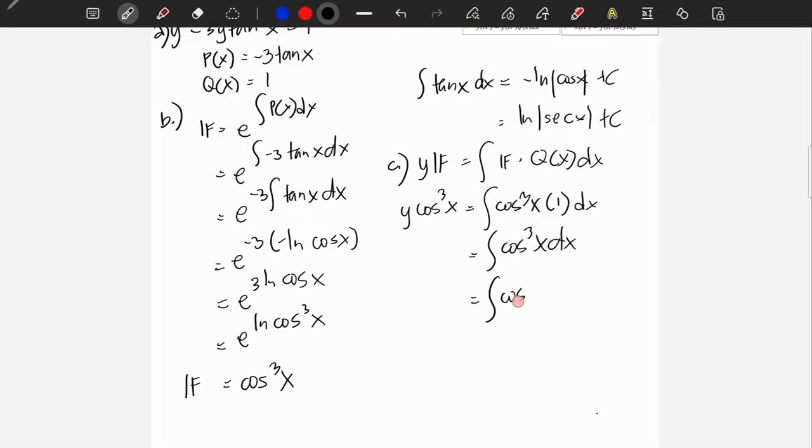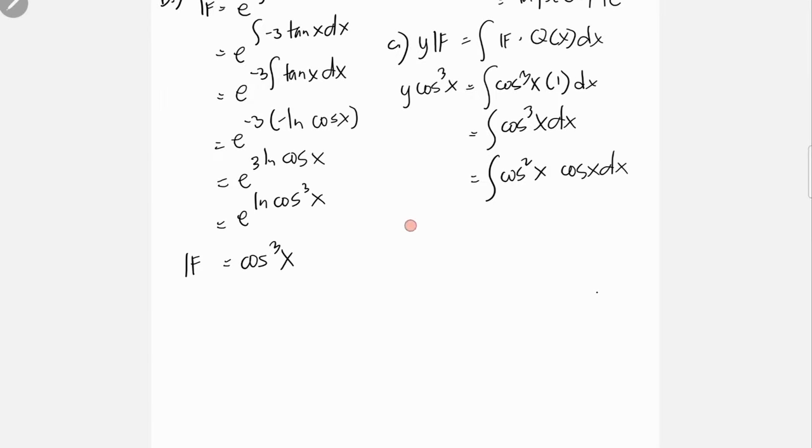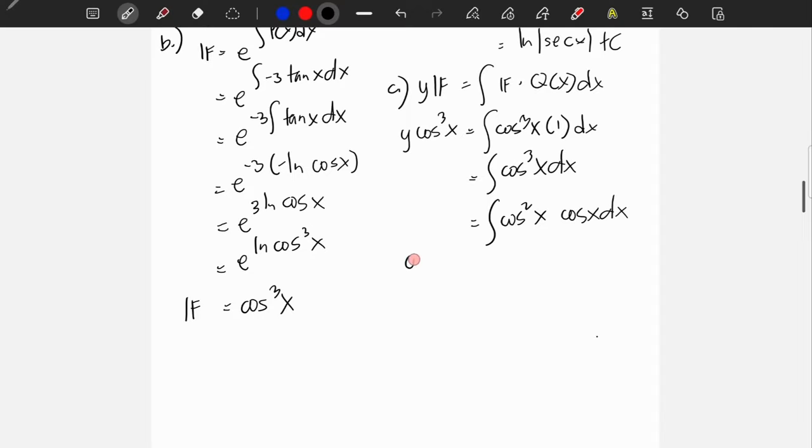So, this becomes cosine squared x cosine x dx. And the trigonometric identity for cosine squared x is equal to 1 minus sine squared x. So we replace cosine squared x by 1 minus sine squared x, then multiply to cosine x dx.